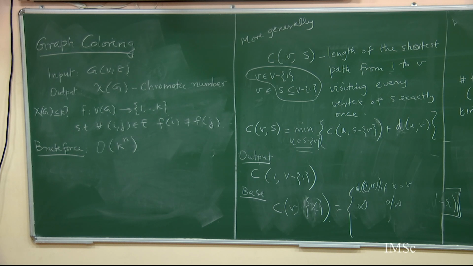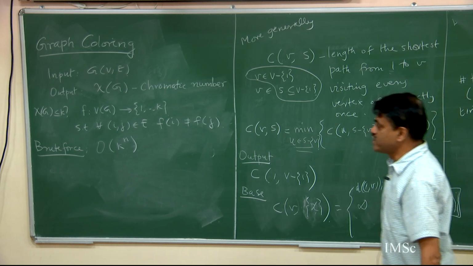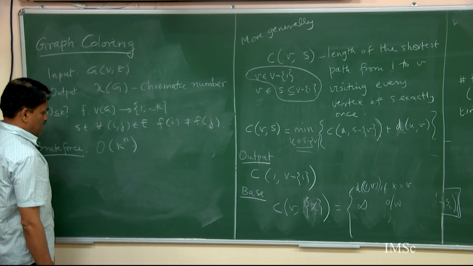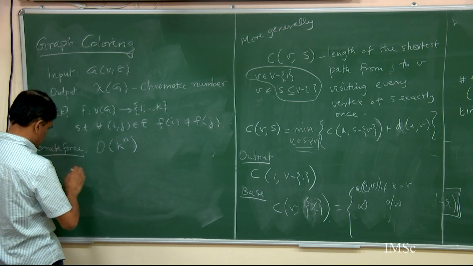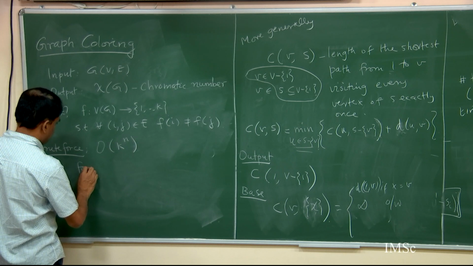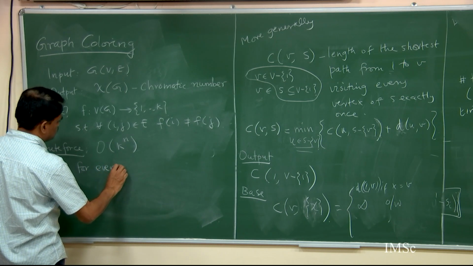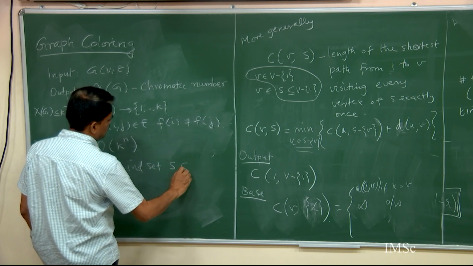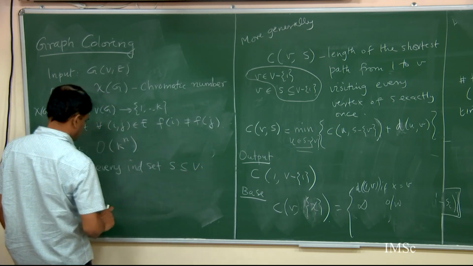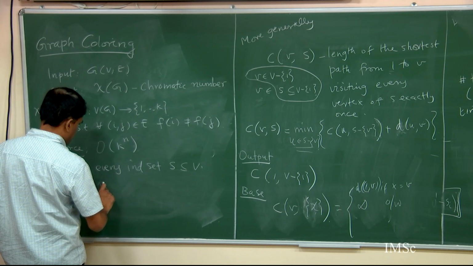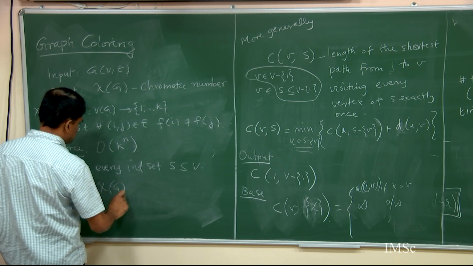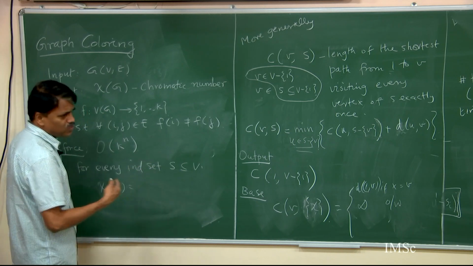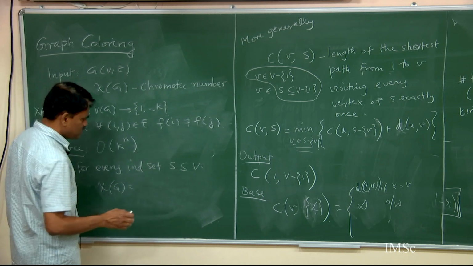For now, let us say we pick some independent set. So, here is a recursive algorithm. For every independent set S contained in V, chi of G is, try all possible ones and then pick the minimum.